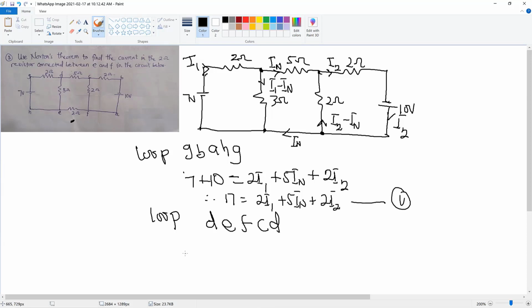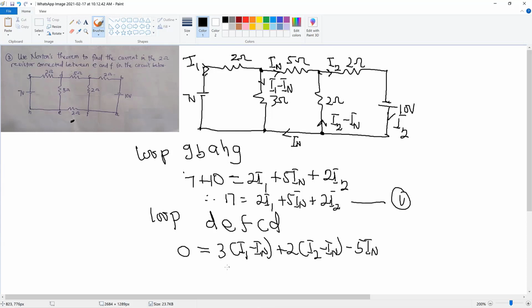And then the equation that corresponds to that loop is, since we do not have any main source acting, 0 is equal to 3 into bracket I1 minus IN plus 2 into bracket I2 minus IN minus 5IN.